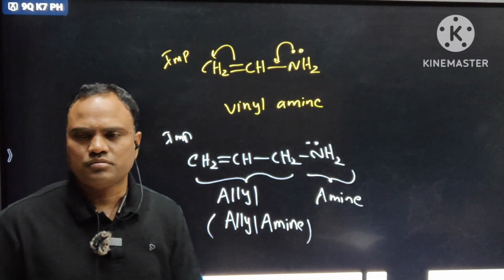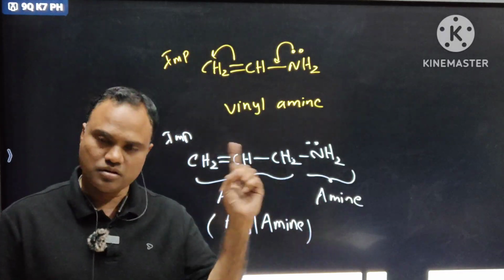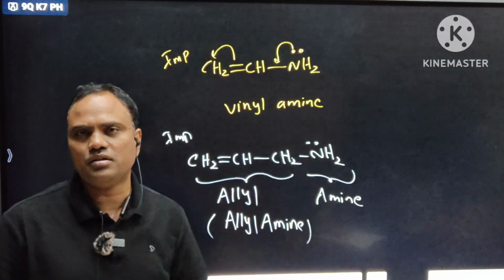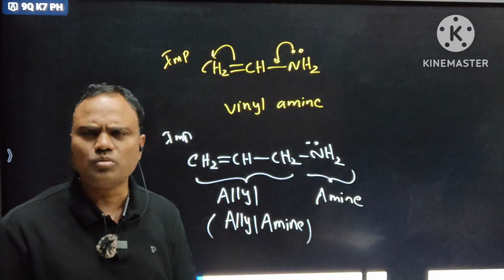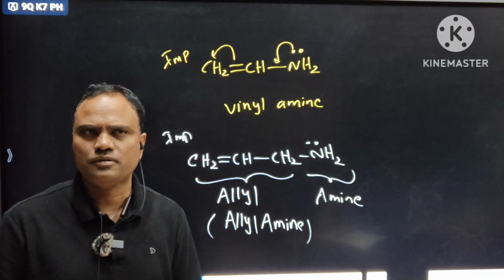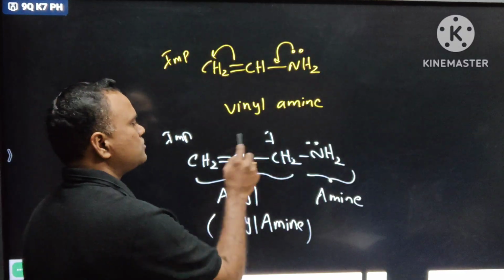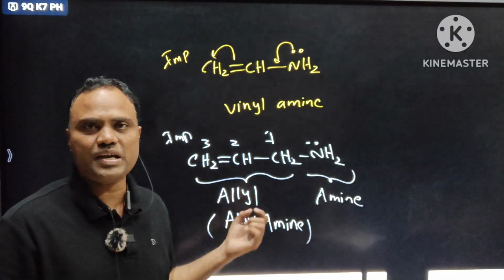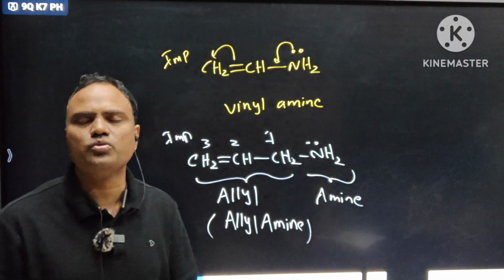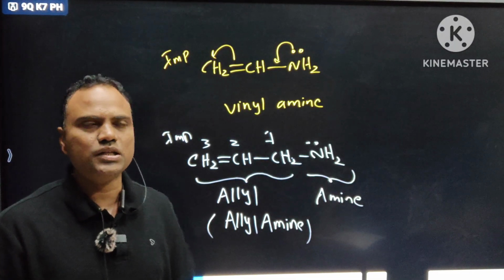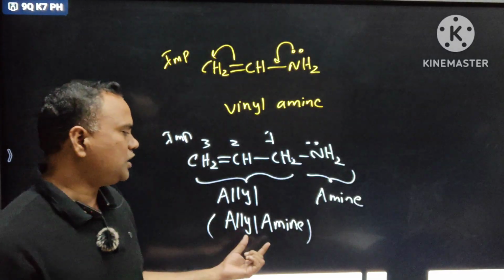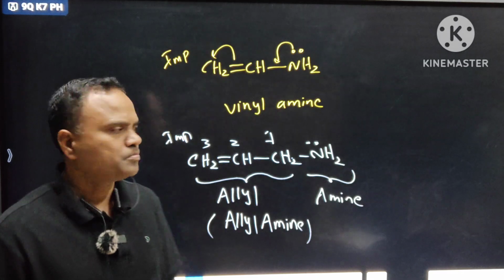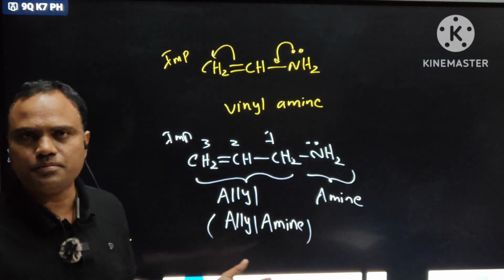For allyl amine, 1, 2, 3: prop-2-ene-1-amine, or propenamine. It is commonly called allyl amine. Common names are the important ones.